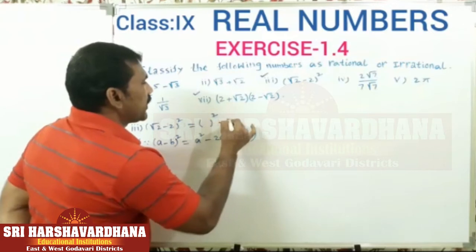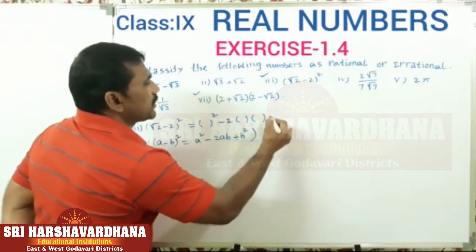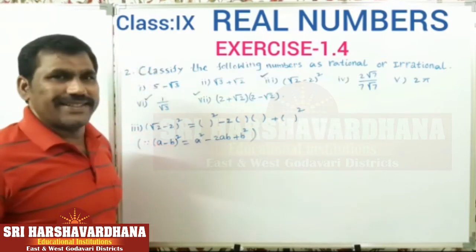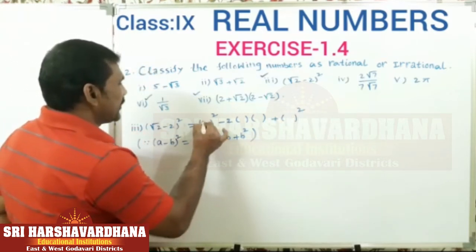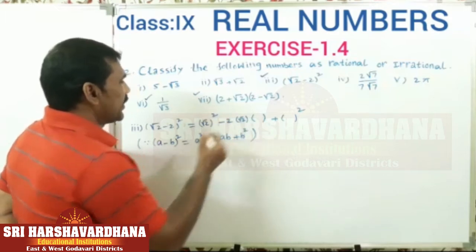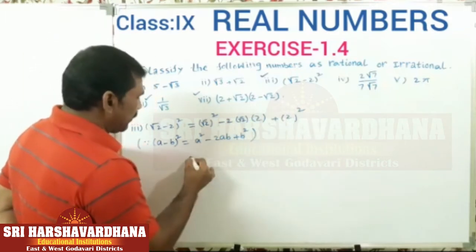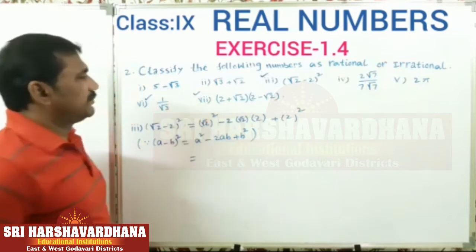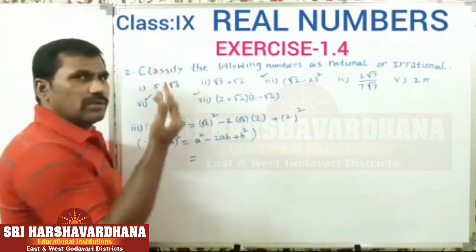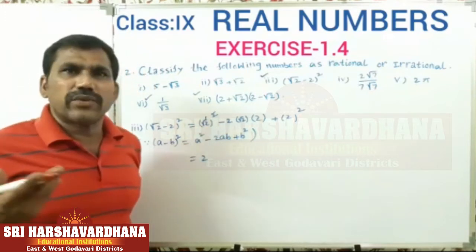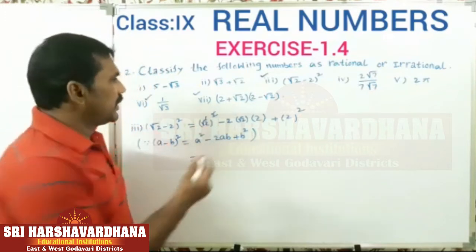first term square minus 2 into first term into second term plus second term square. What is first term? Root 2. What is second term, children? 2. Square of root 2 equal to 2. Why? Because square and square root will be cancelled.